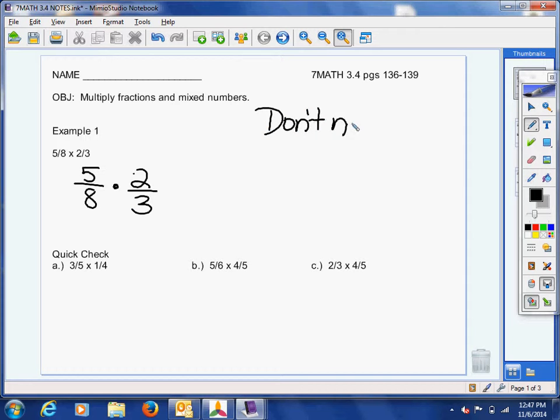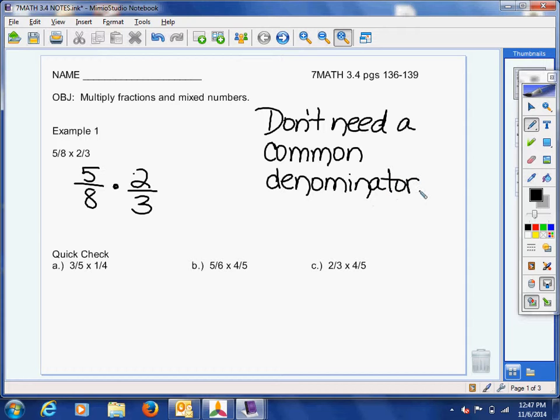Don't need a common denominator. So you don't have to worry about the fact that 8 and 3 are two different denominators. It's okay.